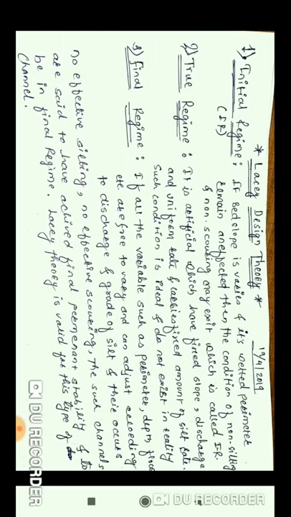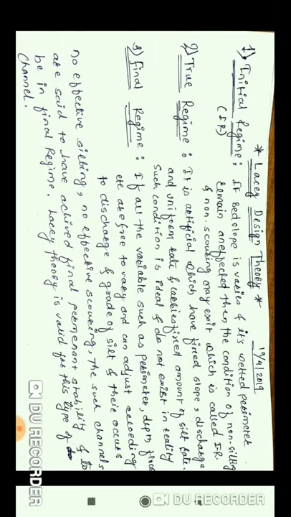In the final regime condition, he defined it in such a way that the variables such as perimeter and depth of flow are free to vary and can adjust according to the discharge and silt rate. For this particular condition, neither silting nor scouring occurs.